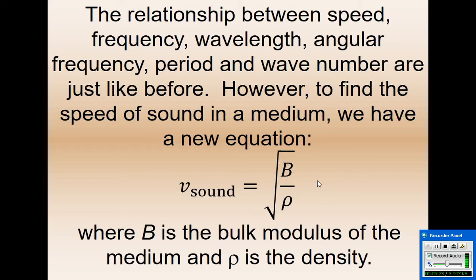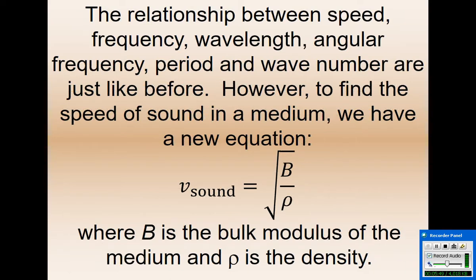Bulk modulus is a measure of how hard a substance is to compress. If I take a balloon and fill it with a gas, and the gas is really hard to compress, then we have a gas with a very high bulk modulus. Solids and liquids tend to have extremely high values for the bulk modulus, whereas gases tend to have relatively low values.